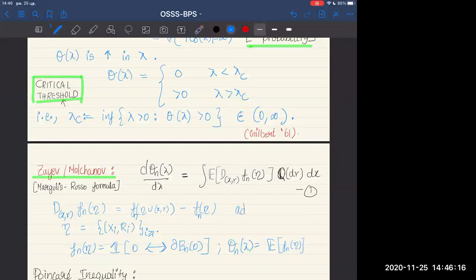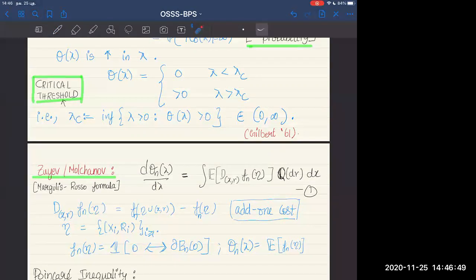It is defined as adding a single point (x, r) and looking at the difference: how much does my functional Fn change? Then take an expectation and integrate over the radius r and the location x.